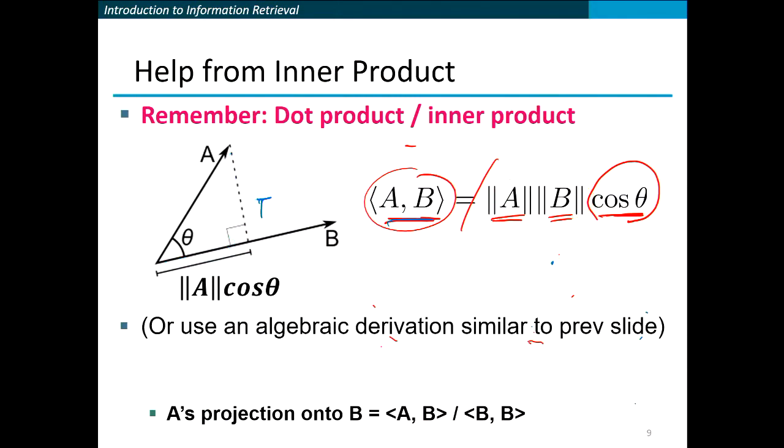You use the same idea using the so-called algebraic derivation, similar to the previous one, in the sense that you don't know what this vector is, okay? But you know it's going to be lambda of B. B is the vector, so I directly use this one.